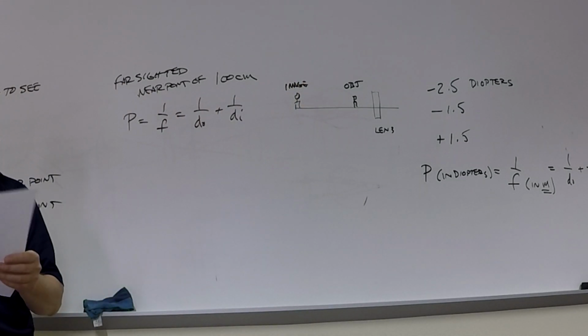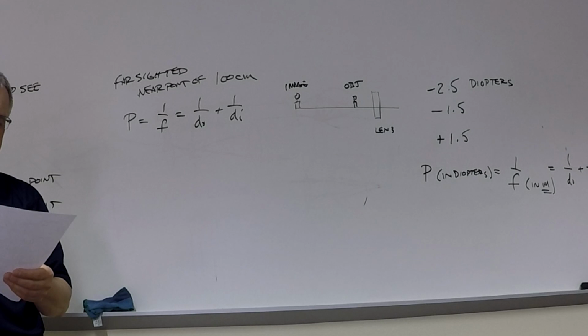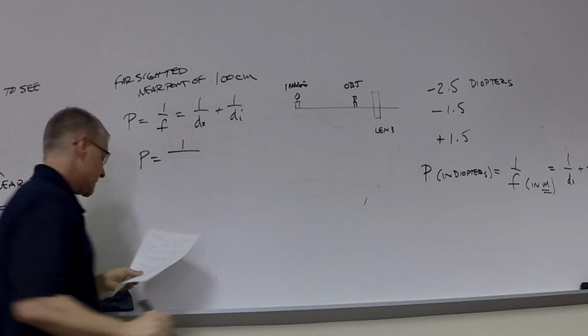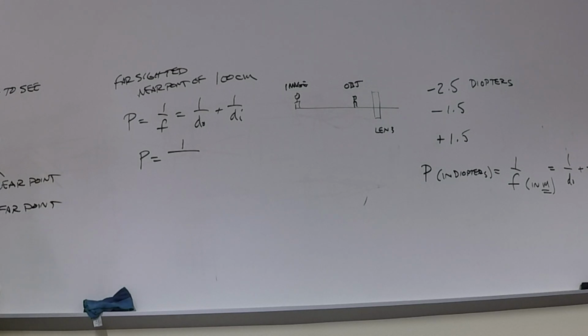So let's calculate it, see what kind of prescription this is. That power is 1 over distance to the object. How far away are we? Looking ahead, if I want this in diopters, I need to make sure I change everything to meters.